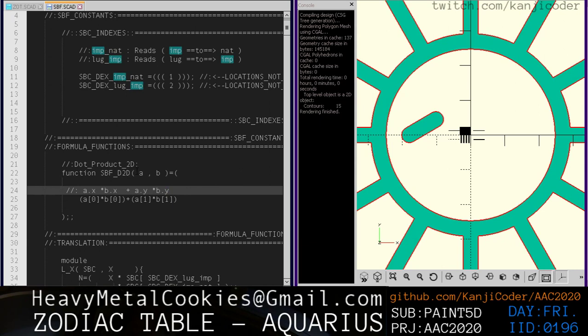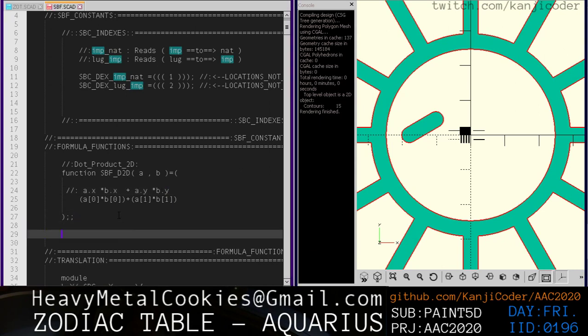So we're thinking that, you know, function SBF reflect 2D. So reflect 2D, and for that we're going to need an incident angle, and we're going to need a normal, right? So E and N, right?